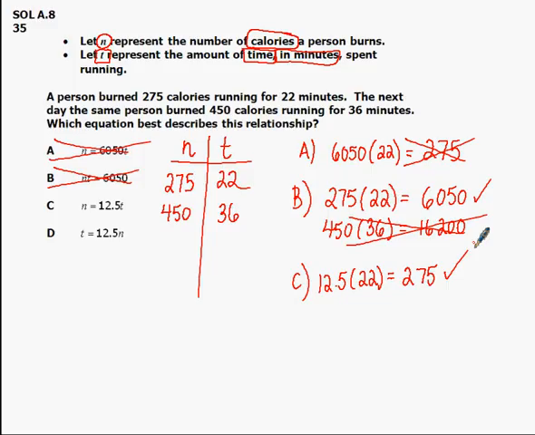It says if I take 12.5 and I multiply by my other T value of 36, I should get my N value of 450. And in fact, I do get 450. So I do not have to carry on and try choice D because I have found an equation that works. C should be my best choice.